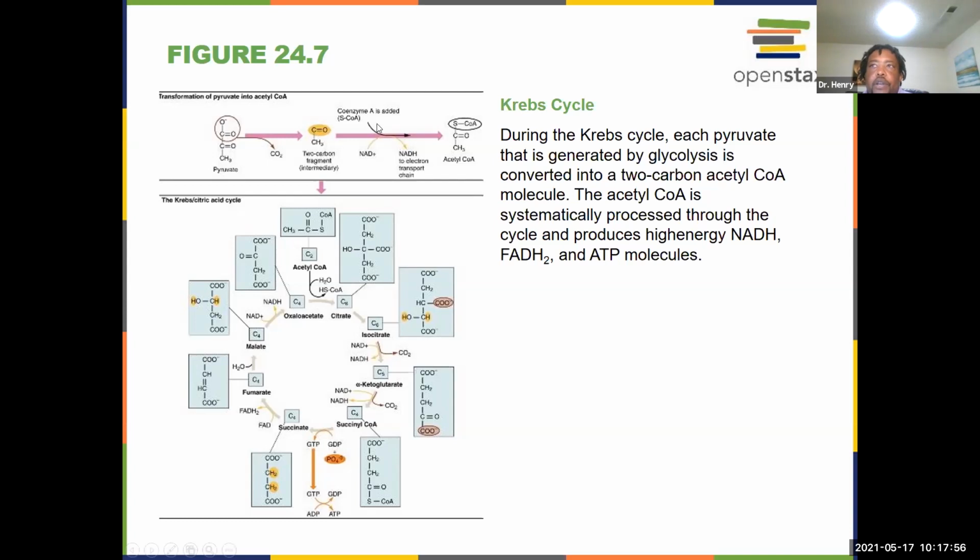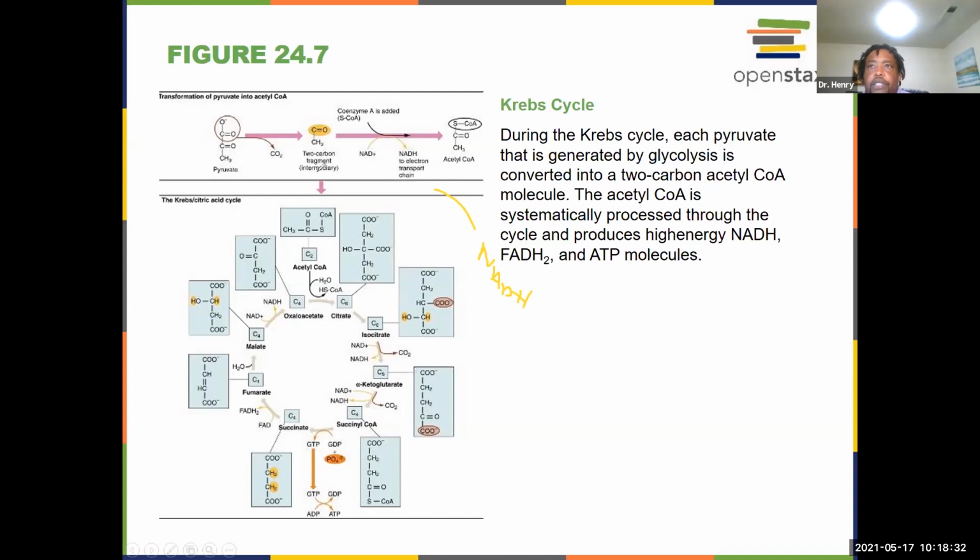Coenzyme A is going to be added to this 2-carbon chain. With the addition of coenzyme A, we're going to get the generation of more NADH. So we're going to produce another set of NADH here. And then we're going to get the production of acetyl-CoA.